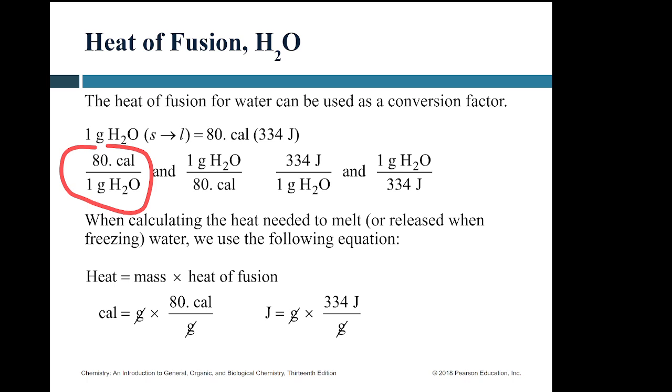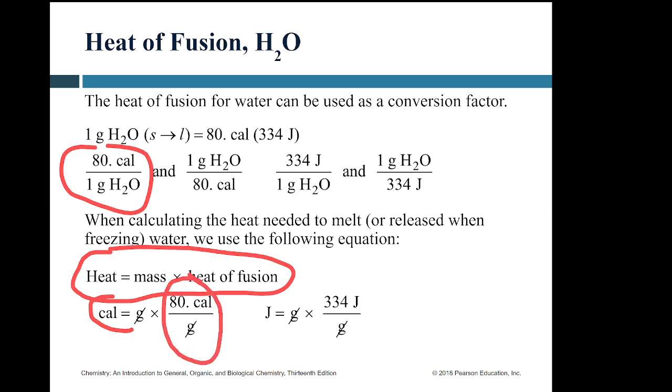Okay, so when calculating the heat needed to melt or released from freezing water, we're going to use this equation right here. You notice that it's just the heat equation again, modified for this specific case, because we're not going to change temperature. So, for everybody that likes formulas, there's the formula. Specifically, we're going to get calories out of this. We use the heat of fusion, which is calories per gram.